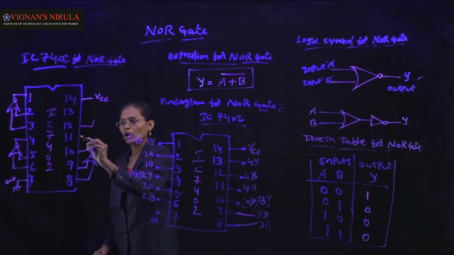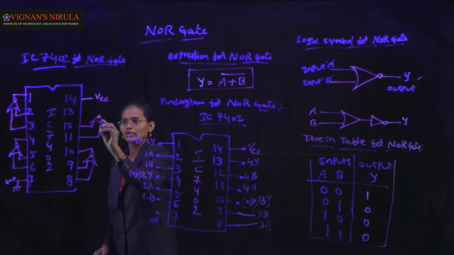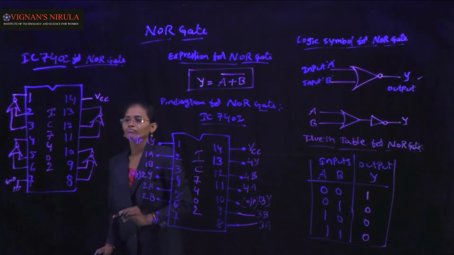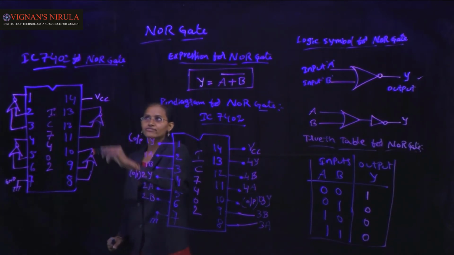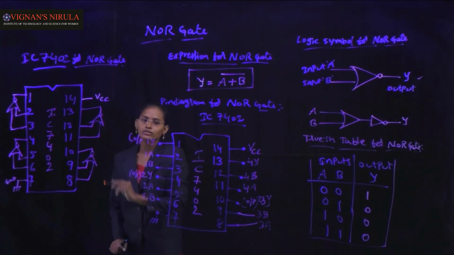So 12 and 11 are the inputs to the NOR gate, and 13th pin is the output pin. Okay, this is the 7402 for the NOR gate.